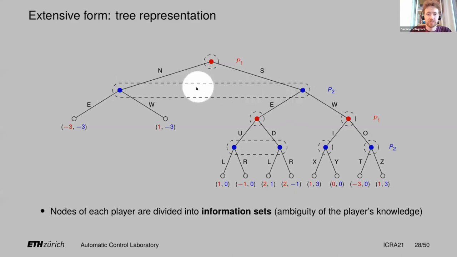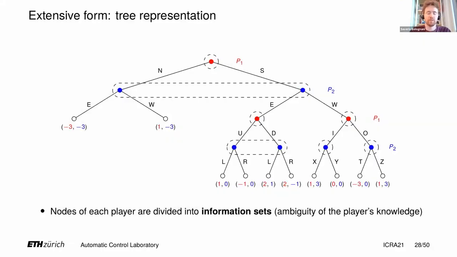He knows it's his turn to play because we are in this information set, and that's available knowledge for player 2. But player 2 doesn't know whether player 1 has played north or south before. In some other cases, like in this case, the information set is a singleton, so player 1 in this case knows that player 2 has played east before. And of course, all possible variations are available to you.